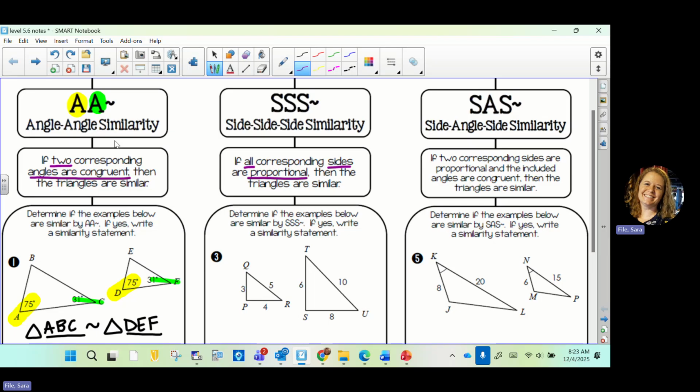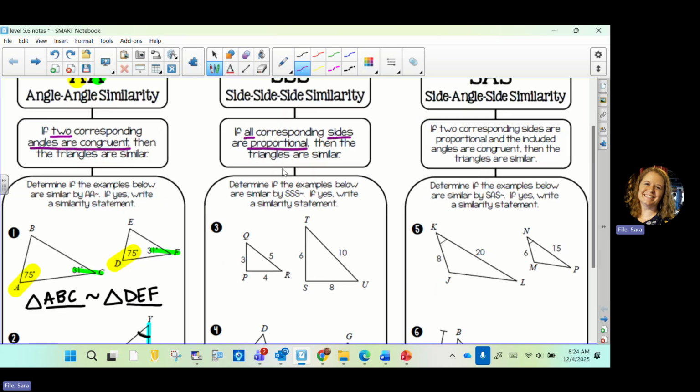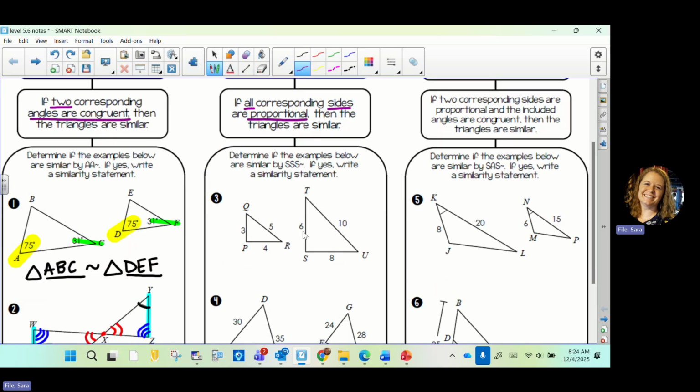So angles are congruent, sides are proportional. And it's what we've defined in similar figures. So if all 3 sets of sides have the same ratio, the same scale factor, they're proportional, however you prefer to think of that, that means that the triangles are similar. So we have to check the ratios and see, are they proportional?